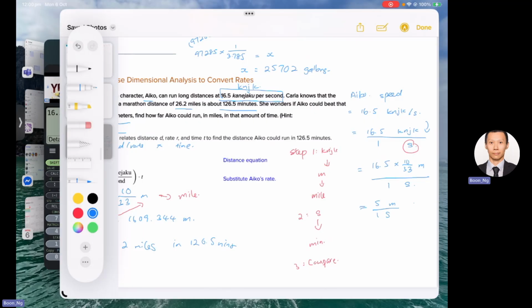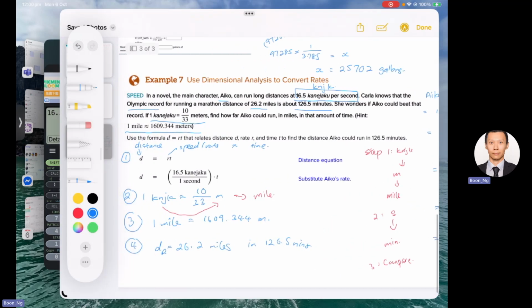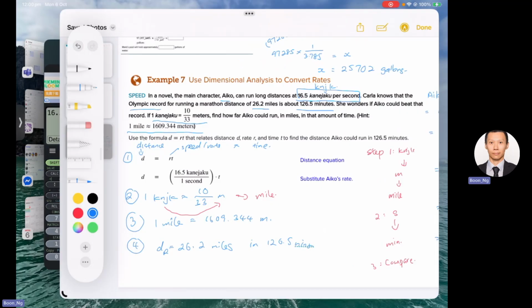And then we need to convert this meter into miles. And you can see here, we need to convert this backward. When converting backward, we need to divide 1609.344 on both sides.